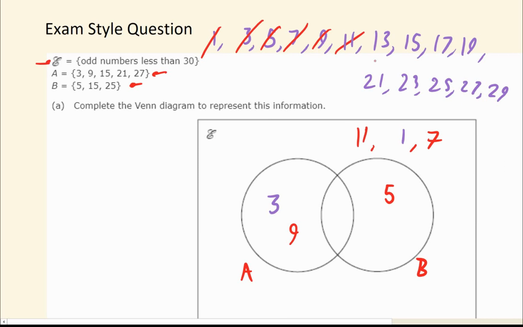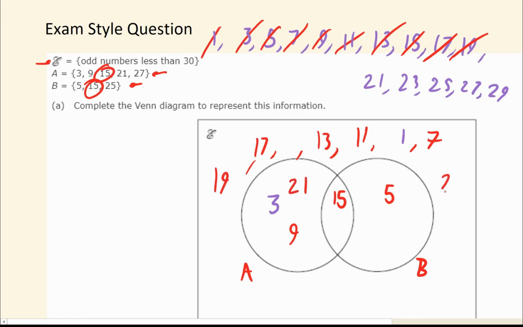The important thing here is when you get to a number like 15, that is in A and B, so that would belong in the overlap. Then it's just literally writing down all the numbers. Here's a ton of numbers that don't go in either set, so they just go around the outside. There's nothing complicated about this, it's just fairly time consuming.